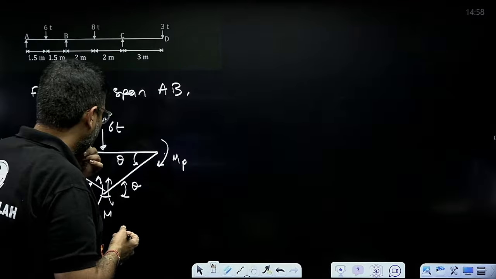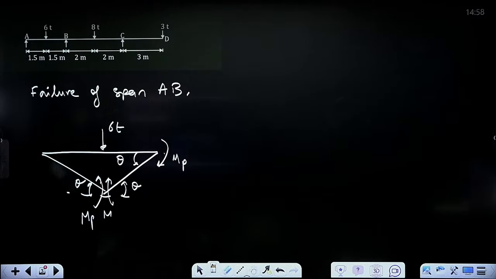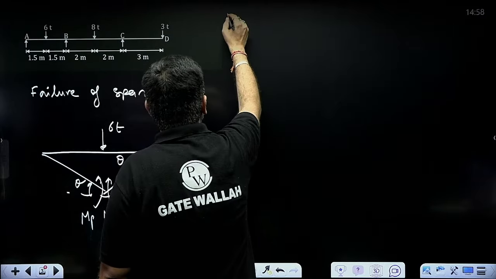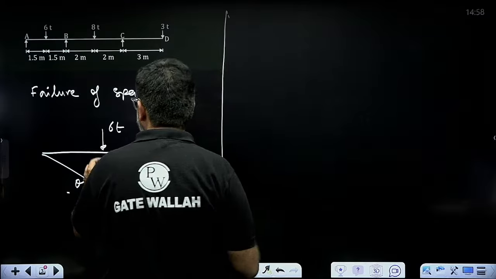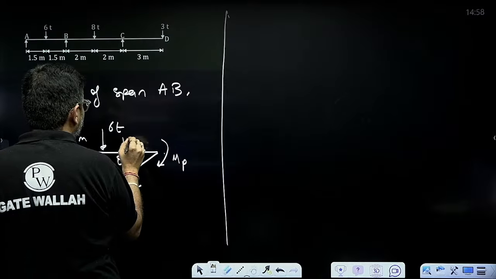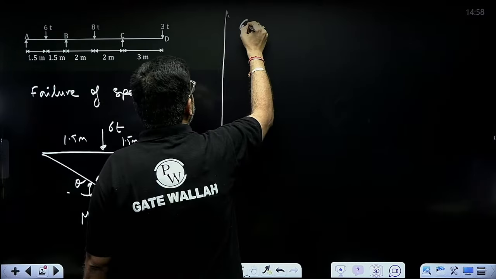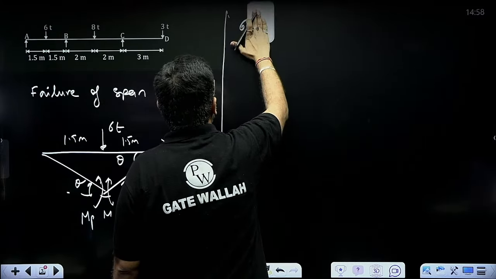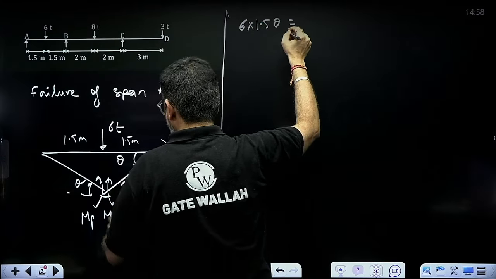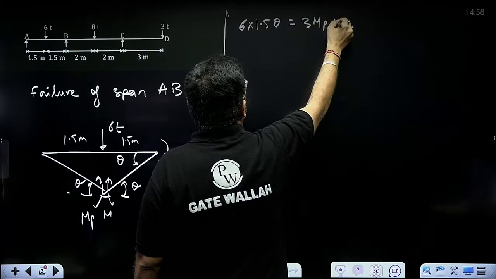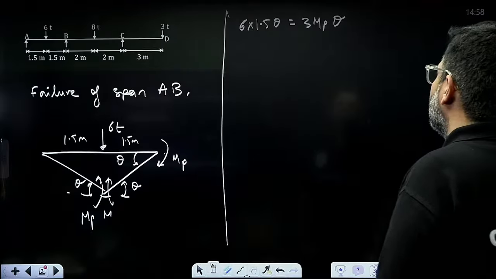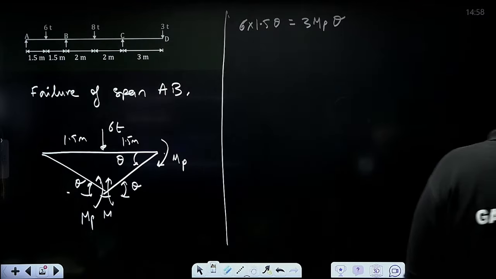So, first find out MP for this one. The load is 60 at 1.5 meter, 1.5 meter. So 60 into 1.5 theta is equal to 3 MP theta. MP is coming out to be 3 tons meter.